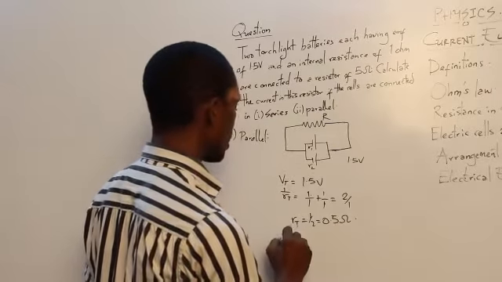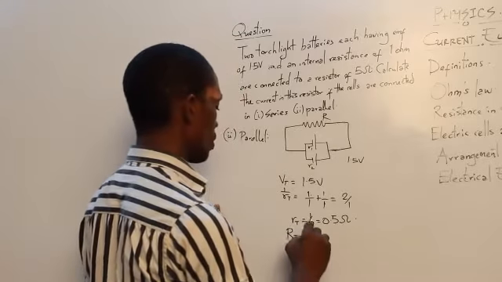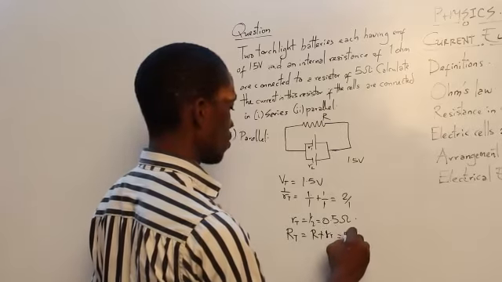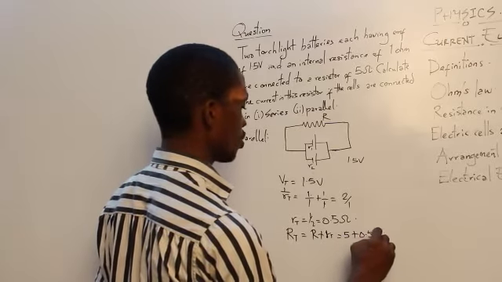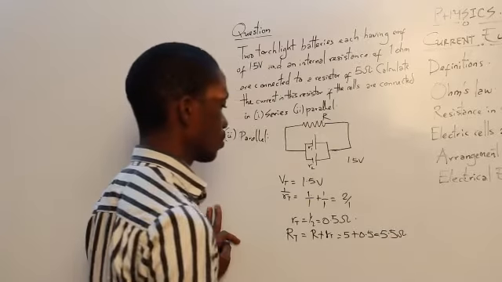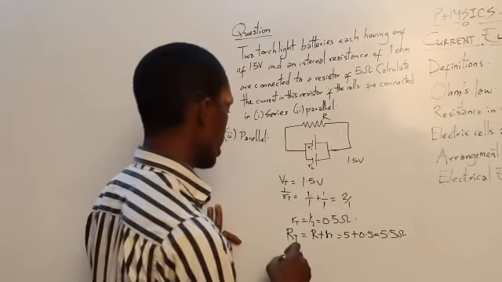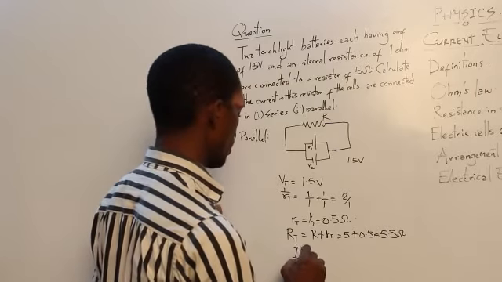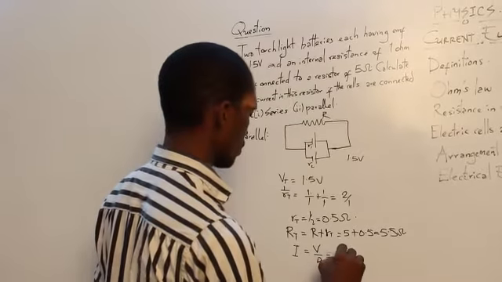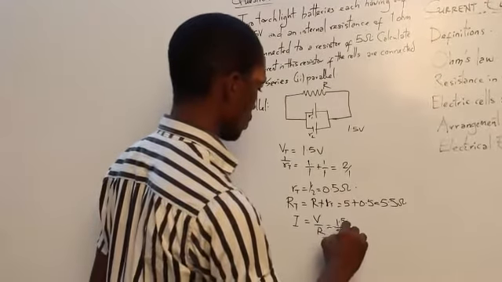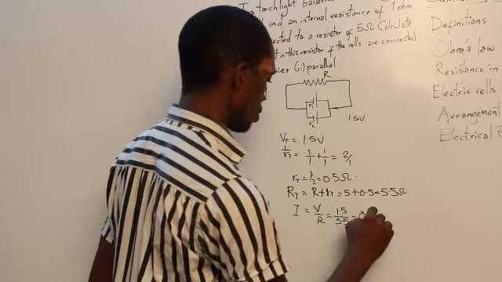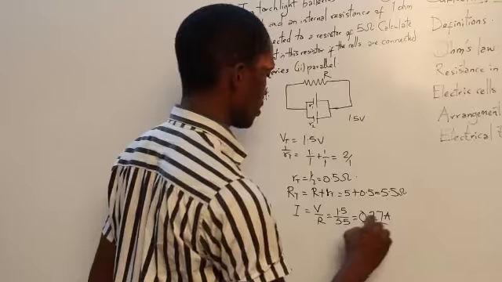So our total resistance will be R plus RT, which gives us 5 plus 0.5, which equals 5.5 ohms. And we can go ahead and calculate our current. And that will give us 0.27 amperes.